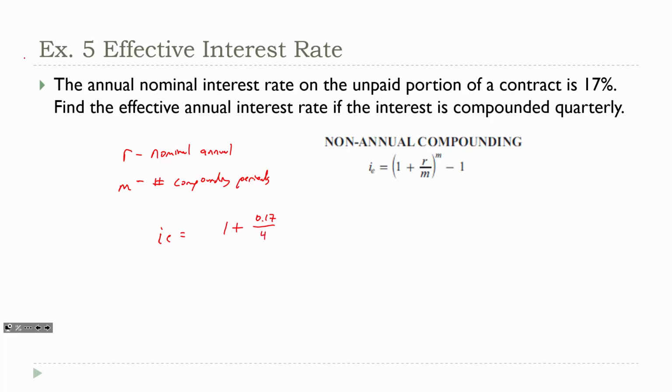Since it's quarterly, it'd be 4. Which is 18%. So why didn't we do this calculation for this problem?